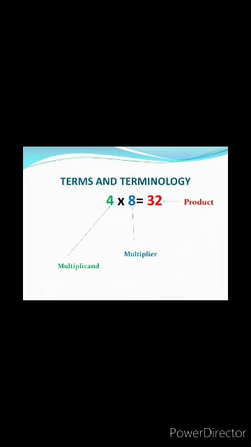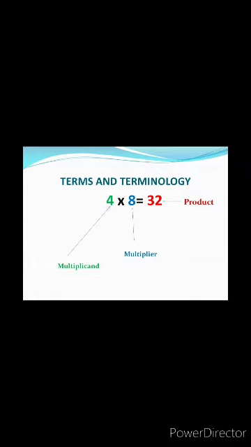Terminology means all the terms we use in a particular chapter. In multiplication, we have three important terms. The first one is multiplicand, then multiplier, and the answer which we get is called product. The first number, that is 4, is known as multiplicand.